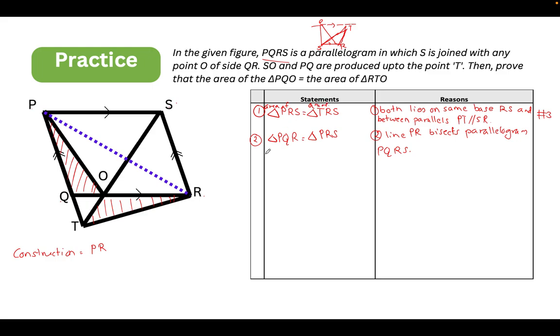Now I am going to write the third statement as well. Let me think. Two parallels, fine.